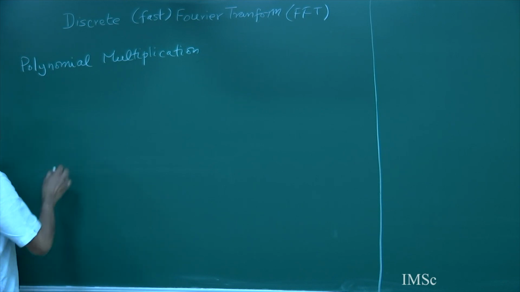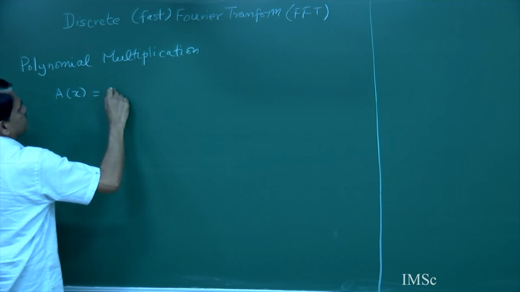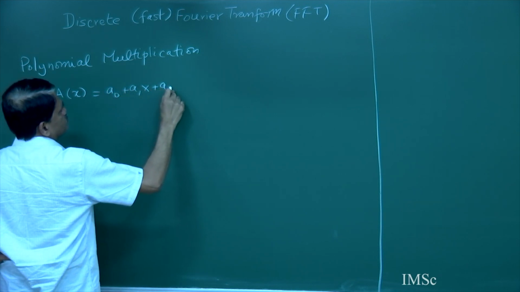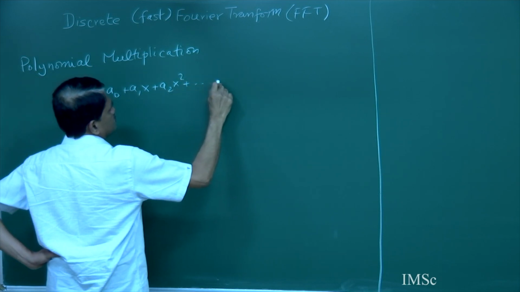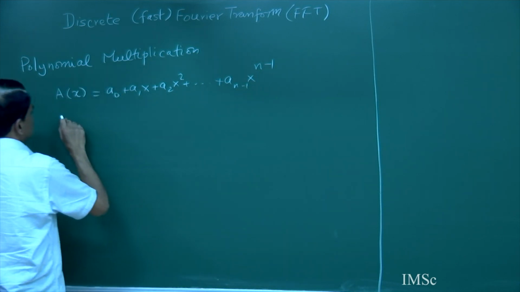So what is it? You're given two polynomials over some complex field, of degree n.